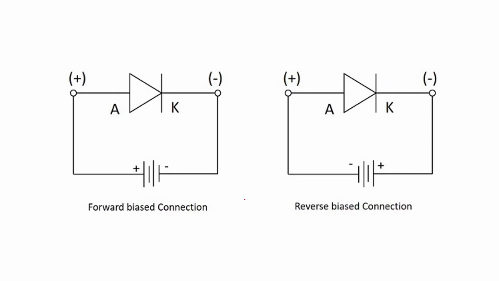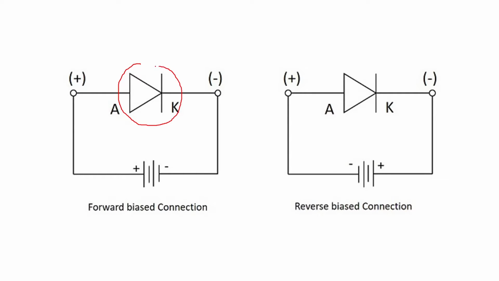If you see the circuit diagram of the diode symbol and the battery connection, we can show the forward bias connection and the reverse bias connection. In the first type, which is forward bias, here is your diode.